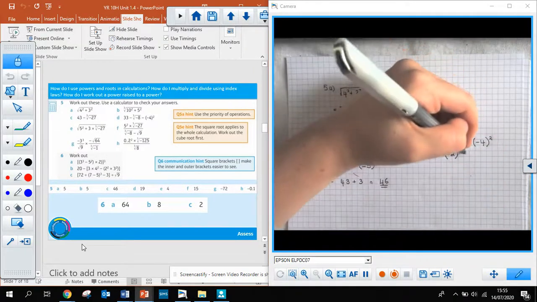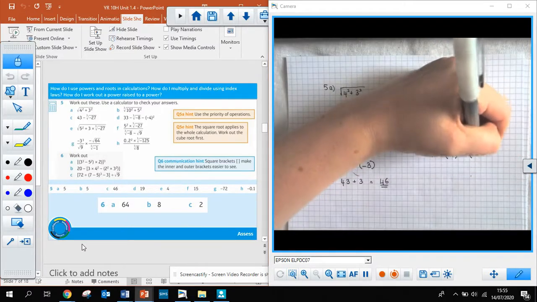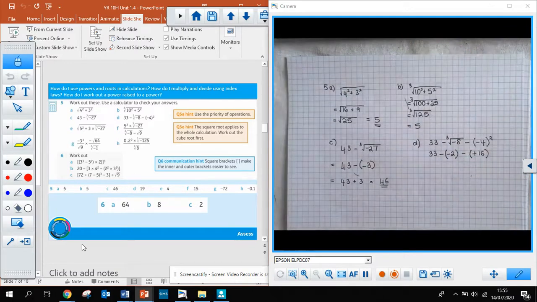Then I'm going to put my minus in again, and I'm going to say, well, what is negative 4 squared? So that's negative 4 times negative 4. That gives me a positive 16. Okay? Now that I've done that, I'm just adding and subtracting.